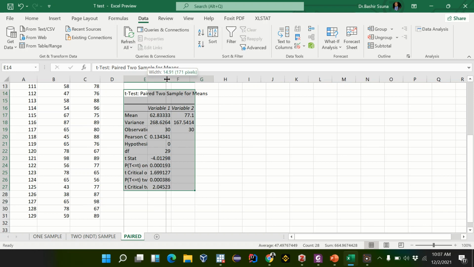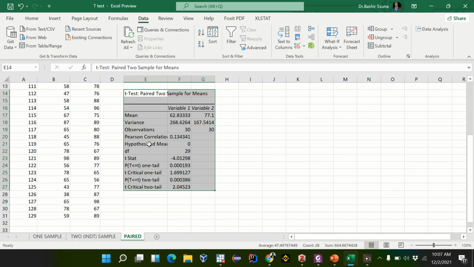The Pearson correlation between these two samples is 0.13, which is very low. There is no hypothesized mean. The difference between 77 and 62.833 is about 14. So the test statistic, the t-stat, is negative 4.0.